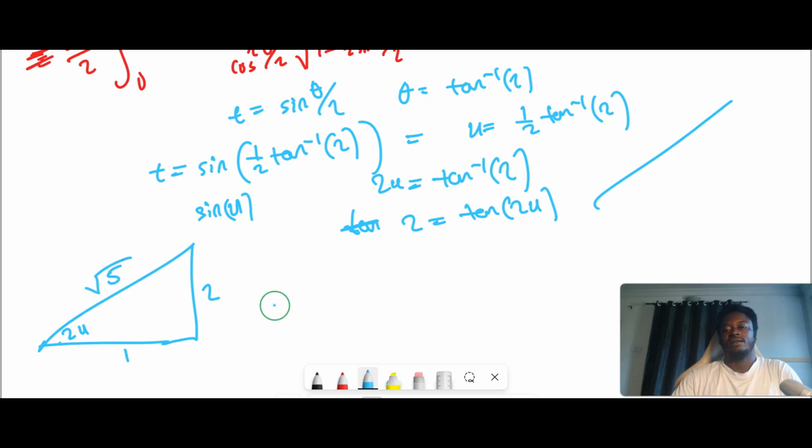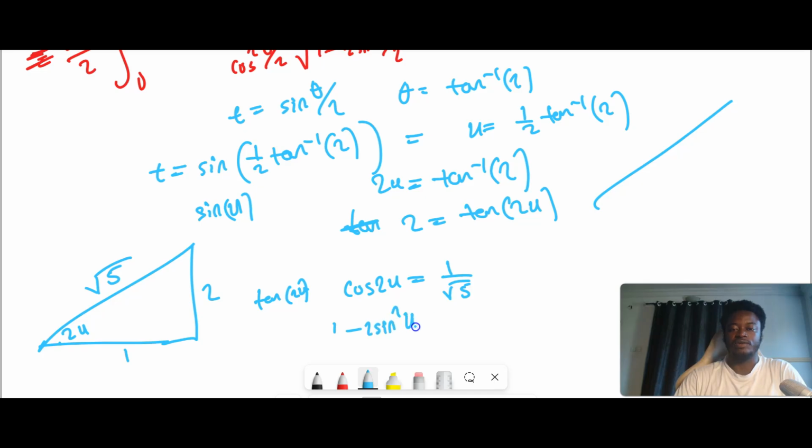Then cosine of 2u would be 1 divided by square root of 5. And we know that cosine of 2u is 1 minus 2 sine square u, which is equal to 1 over square root of 5.